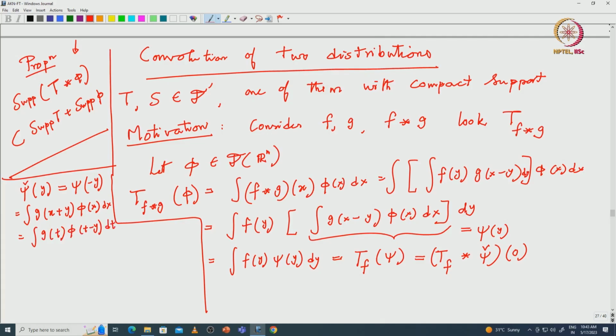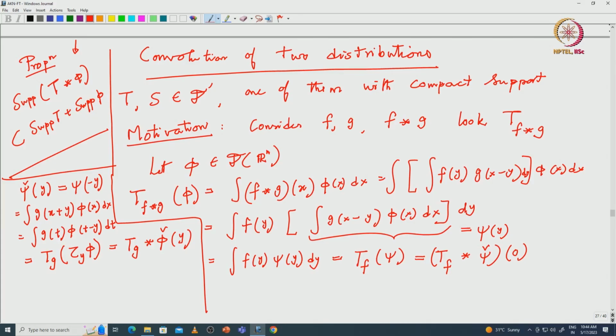So, you get that one, and this you can compute. So, this is Tg acting at this translation, phi of t minus y. So, it is acting at the translation. So, this is nothing but Tg acting at tau y of phi, and that is the same as Tg star phi tilde at y by definition. So, you can combine, the moment you have these things. So, psi tilde of y is nothing but Tg star phi tilde of y.